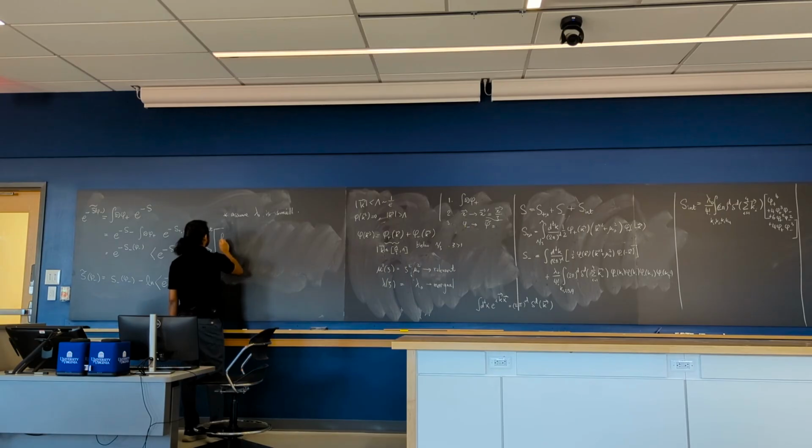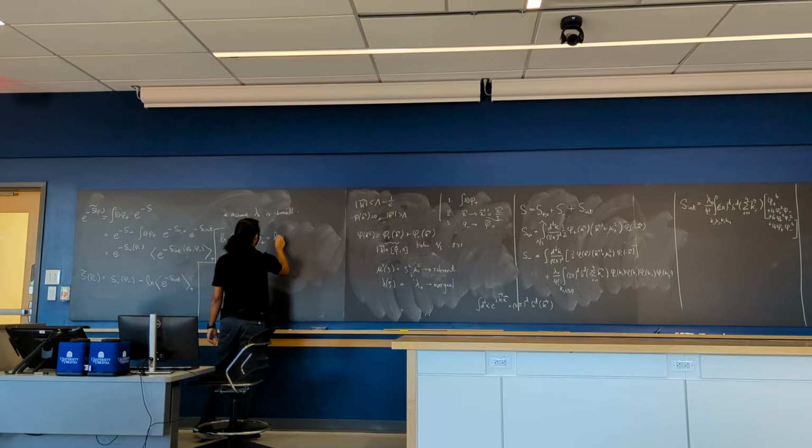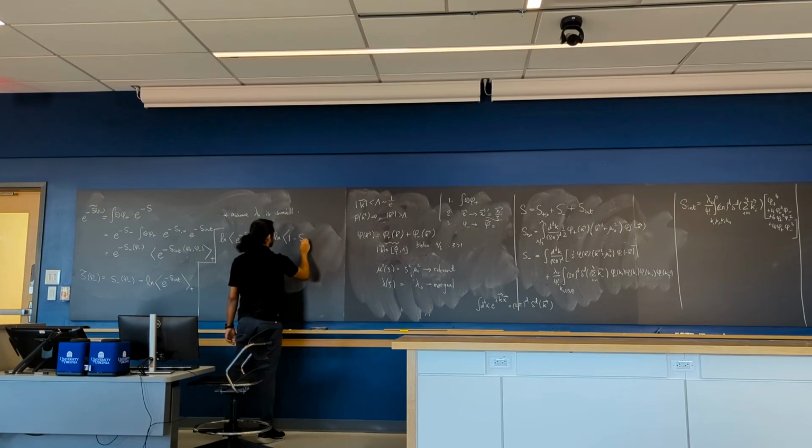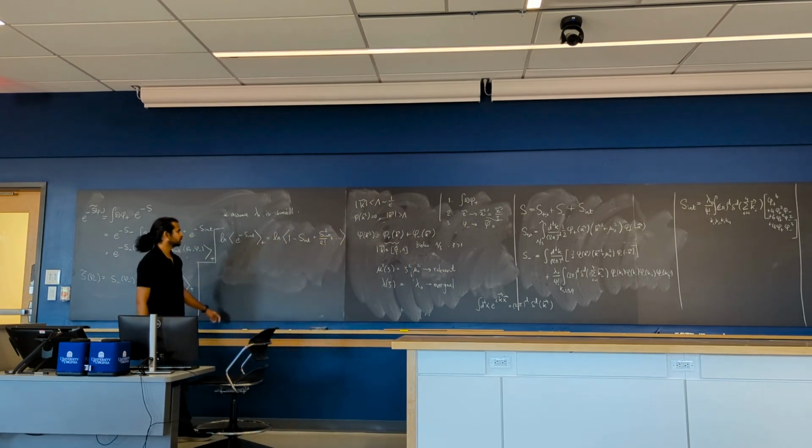Then the log of the expectation value of e to the minus S int with respect to the plus Gaussian field is log of 1 minus S int plus S int squared by 2 factorial plus dot dot dot, and log of 1 plus stuff is stuff, right?